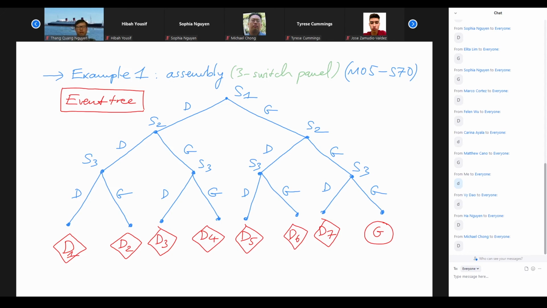So it seems like the probability of being good is 1 divided by 8, right? But you know what? That will be wrong. Why so? Because different branches will produce different outcomes of different sizes, right? We have to account for the sizes of the branches.